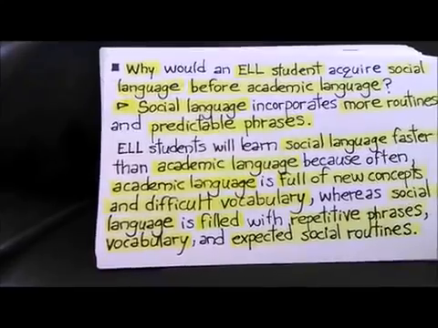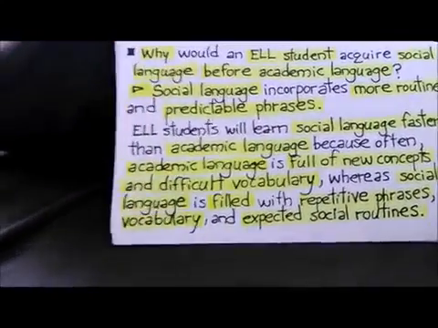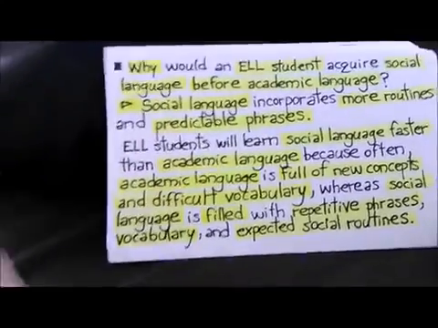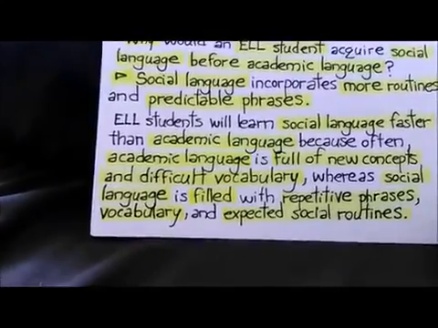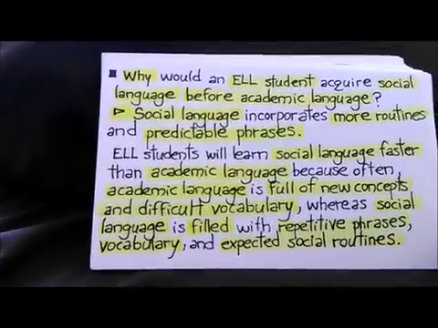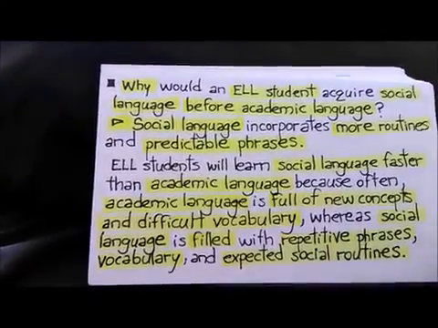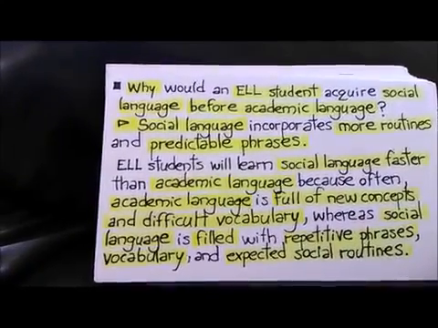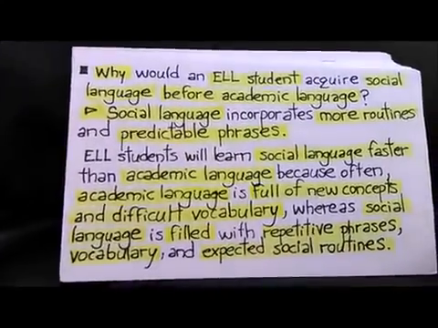ELL students will learn social language faster than academic language because often academic language is full of new concepts and difficult vocabulary, whereas social language is filled with repetitive phrases, vocabulary, and expected social routines. And that is why.